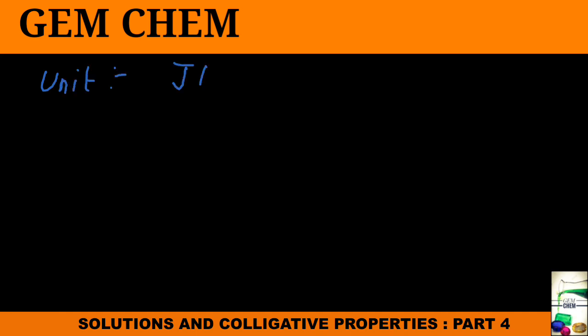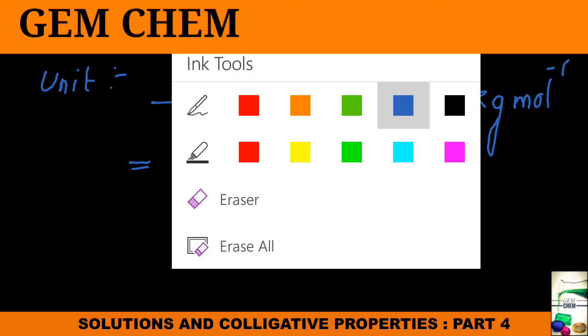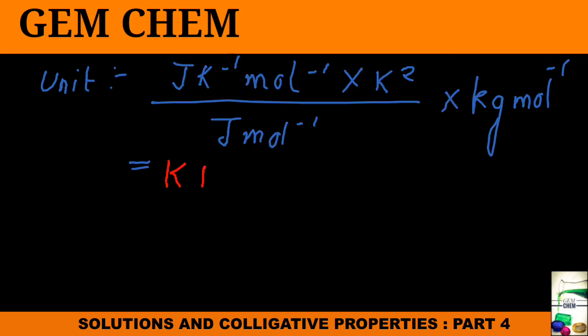Joule per Kelvin per mole is for the R, Kelvin square for the temperature, and for delta H is joule per mole. For M1 it is kg per mole. So ultimately we get it as Kelvin kilogram per mole.